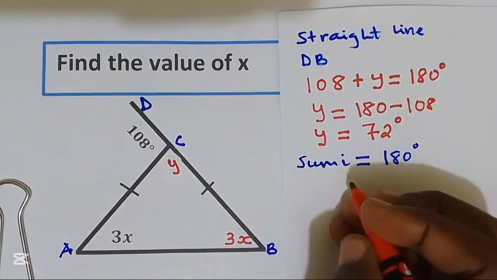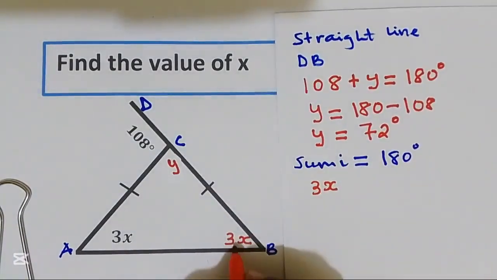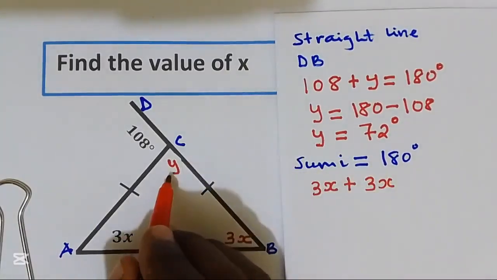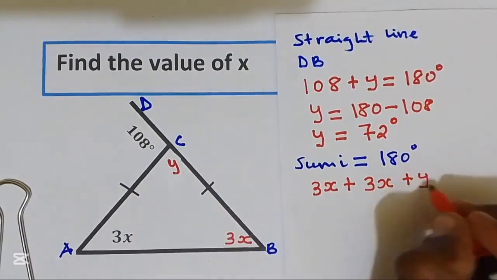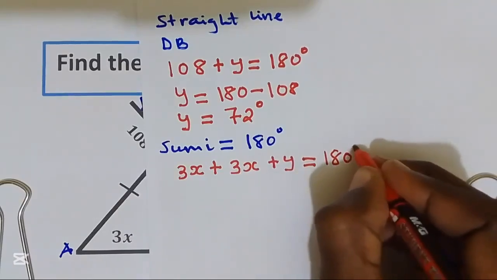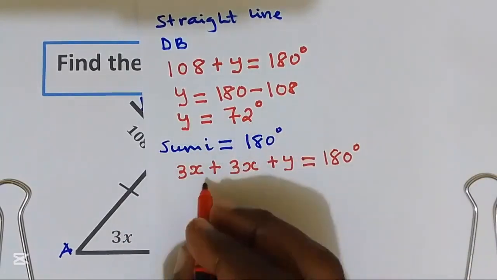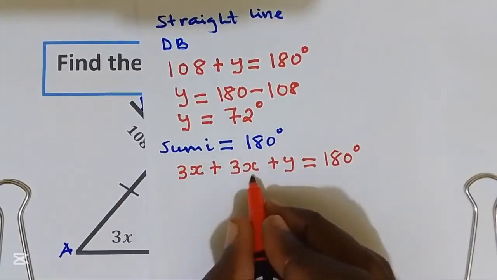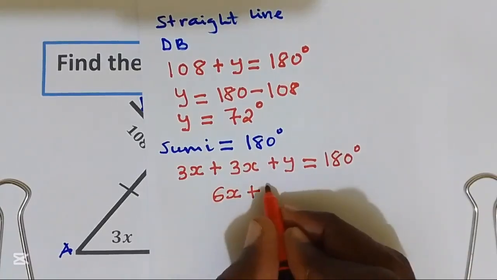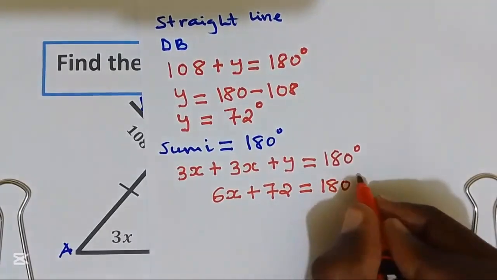That means 3x plus 3x plus Y gives us 180 degrees. But we already found the value of Y equal to 72. That is going to be 3x plus 3x, that gives us 6x plus 72, and this is equal to 180 degrees.